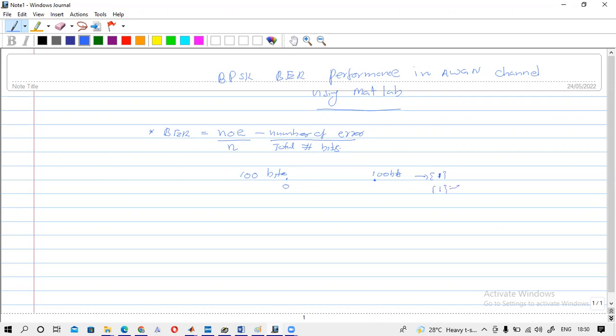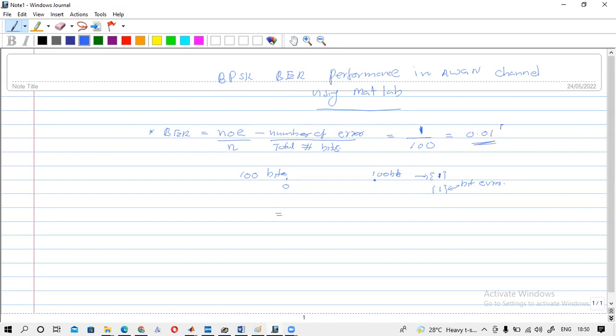So a bit error has happened. We have sent 100 bits, so the total number of bits is 100, and 1 bit we received incorrectly, so 1 error. So our bit error rate is 0.01. So this is the bit error rate.